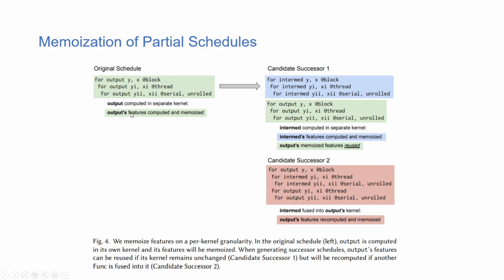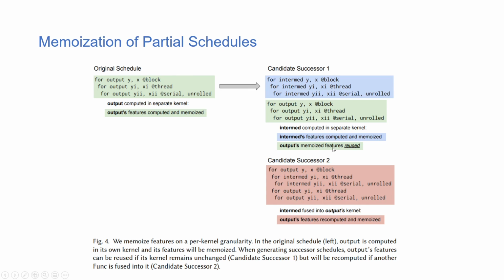In this diagram, he makes the point that, for example, you have this schedule, which is the same as this one right here. For the first one, you compute the features and memoize them. And then when the second one comes, it's the same, so you reuse the features of this one. I guess they look them up using a structural hash.